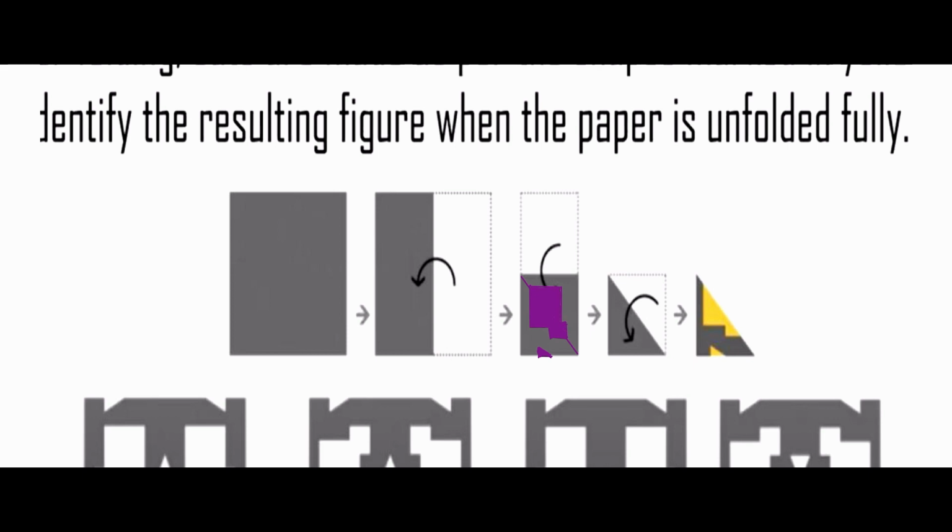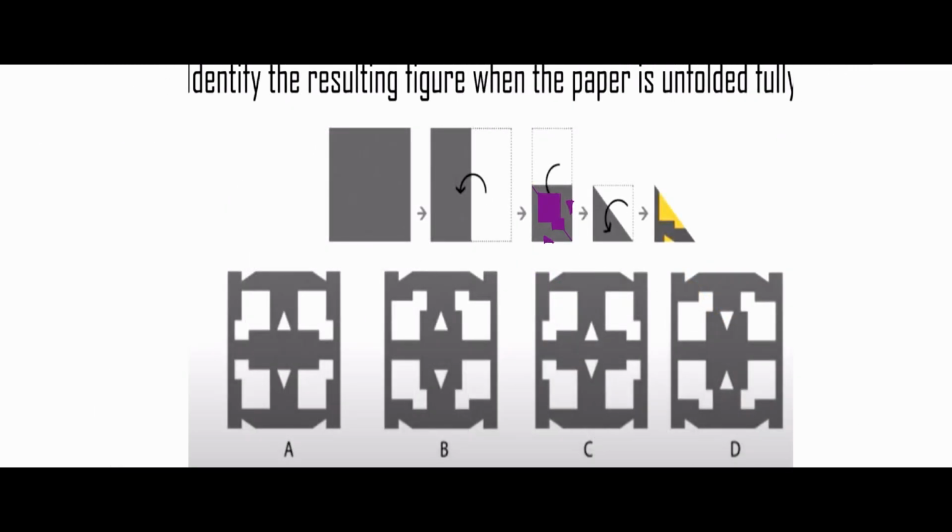So the first part is complete. Now we have to do the mirroring of the triangular portion as well. So now we get the complete picture of the cutout portion.